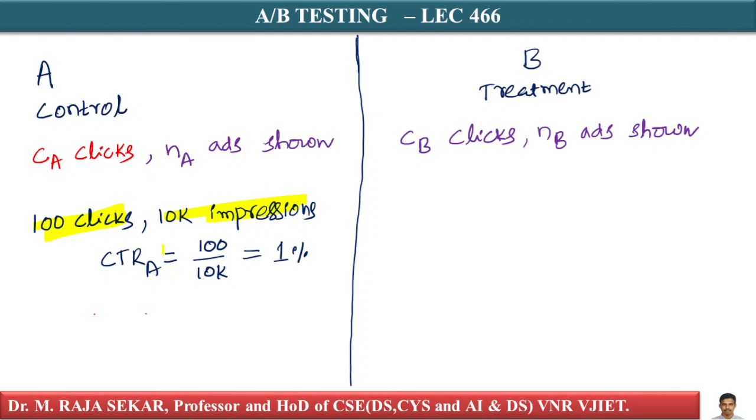What is my CTR of A? CTR is the number of clicks divided by the number of ads shown, that is impressions. What is this value? You are getting 1%.